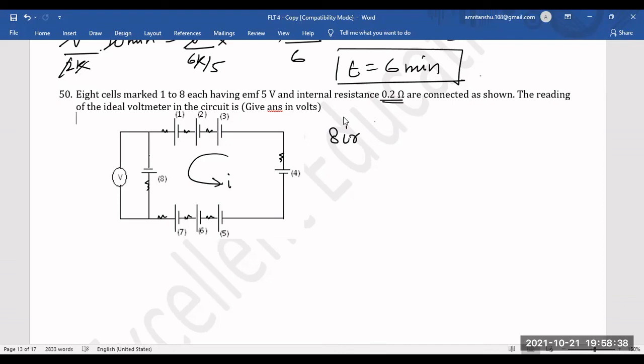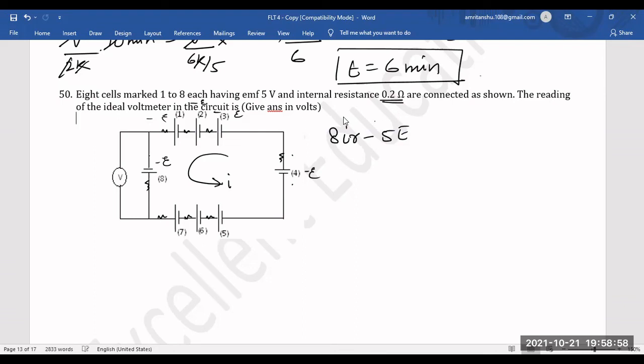So if I'm moving like this, I'll get 5 minus 5e, because when I move from here to here, I get minus e. When I move from here to here, I get minus e, and so on. And when I move from here to here, I also get minus e.